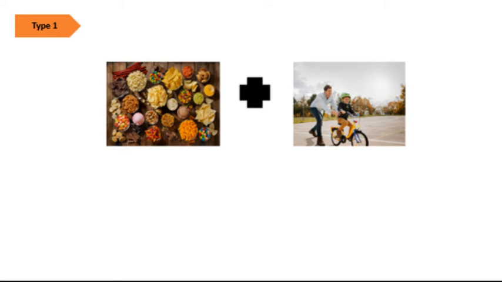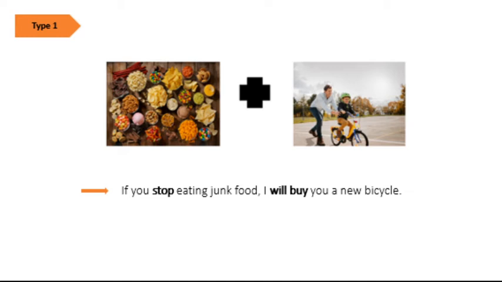But is it good for their health? Is it healthy? No, it's not. And most of parents are not happy with this when they see their kids eating lots and lots of junk food. So here's a father talking to his son. If you stop eating junk food, I will buy you a new bicycle.